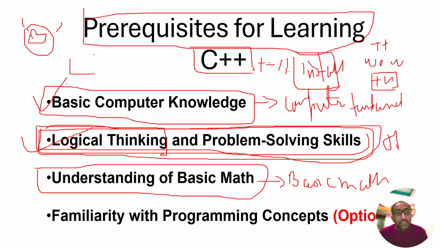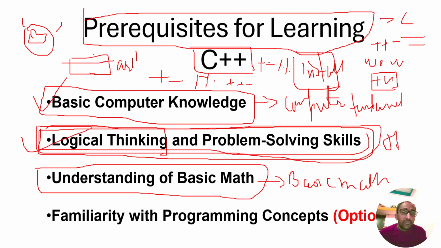You must know basic mathematics, statistics, and arithmetic: plus, minus, division, modulus, and plus plus operators, minus minus operators, and logical operators, comparison operators like less than, greater than, equal to. These are the basic things you must know before starting C programming or any programming language.